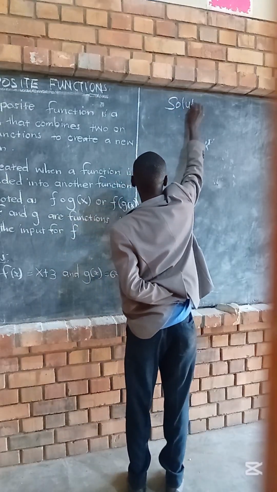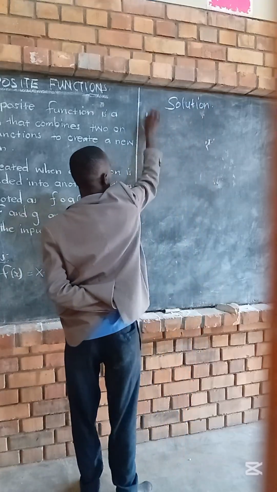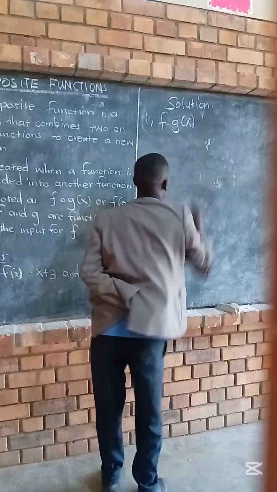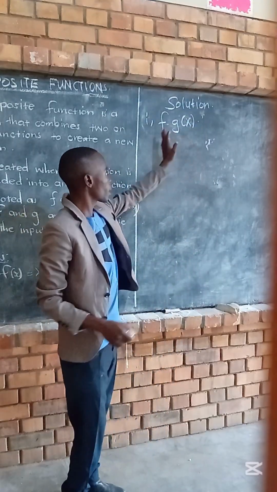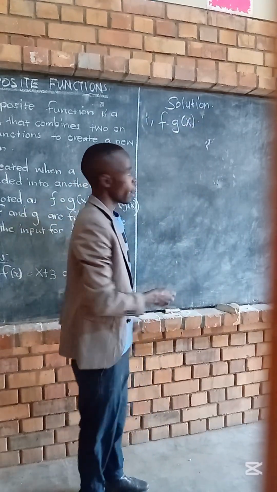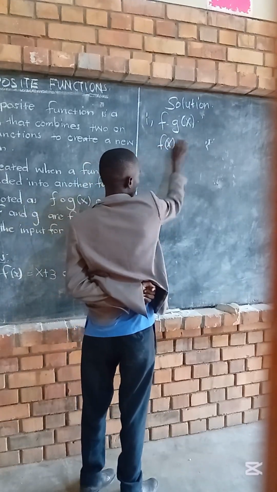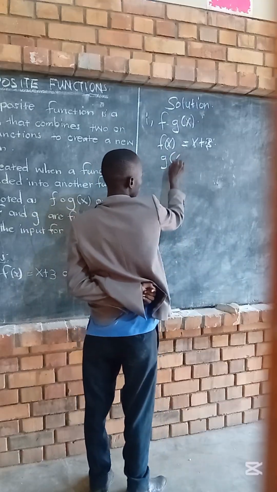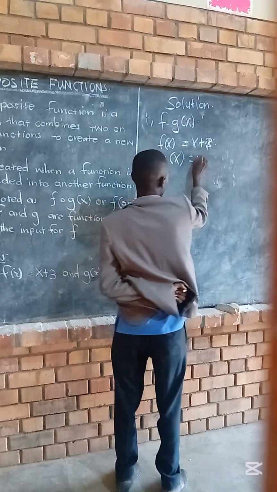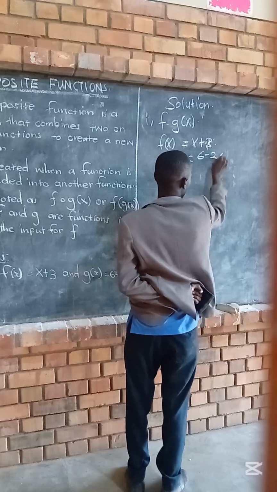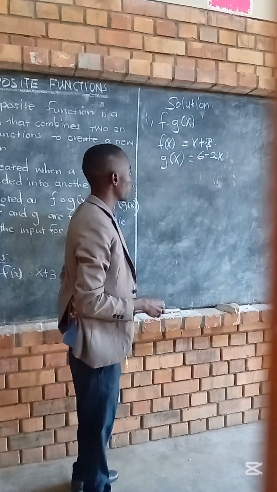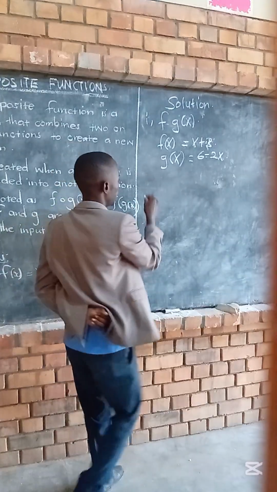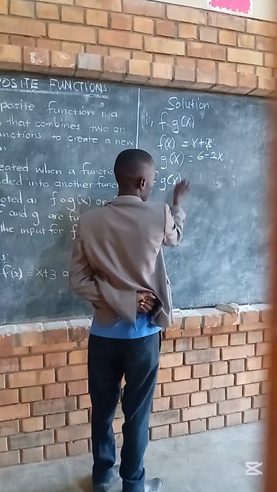Solution, part 1. Here we have to find f of g of x, but our f of x is x plus 3 and g of x is 6 minus 2x. Now we have to get f of g of x.